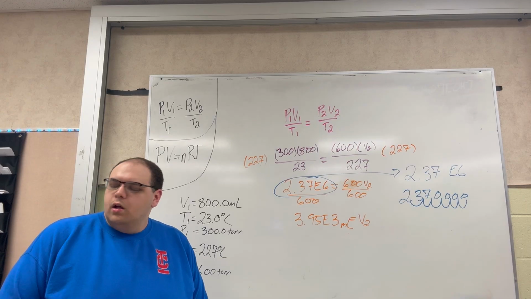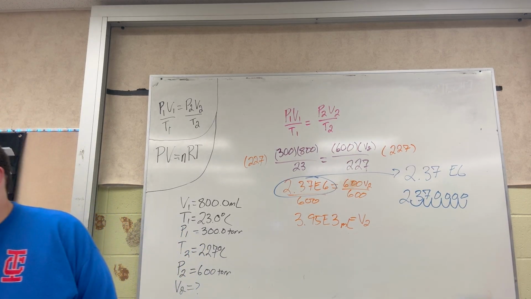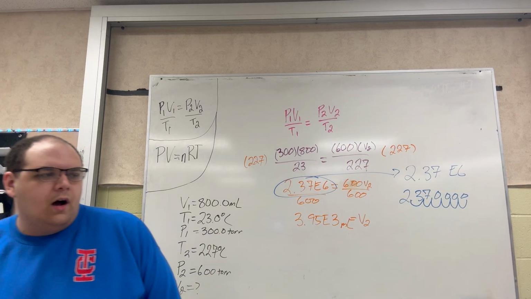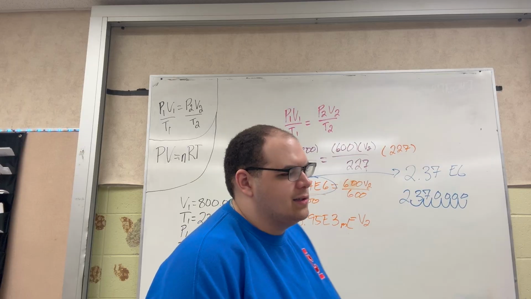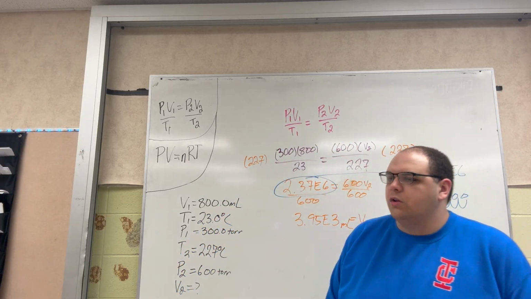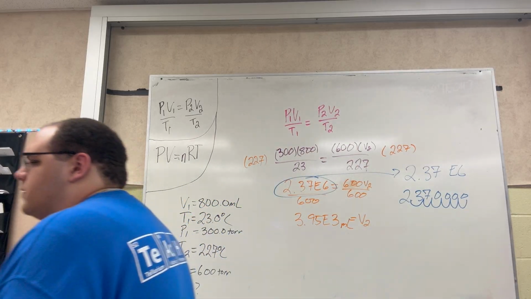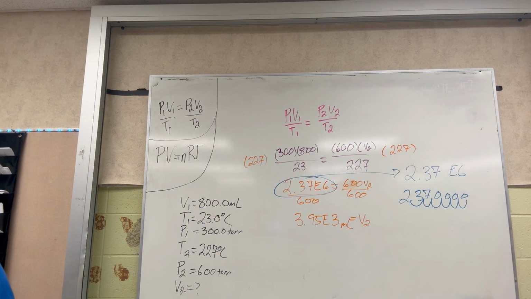Now, the ideal gas law is very specific on the units that you use for it, which is why I listed them out. Unlike the combined gas law, where we could use things like torr or millimeters of mercury or milliliters, the ideal gas law says we have to use certain units. Volume has to be liters. Pressure has to be atmospheres.